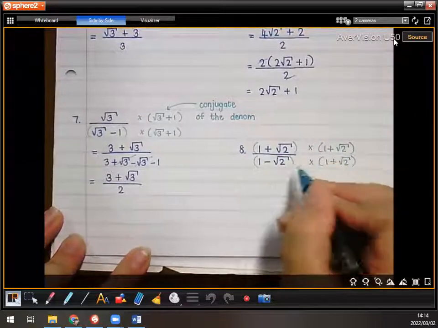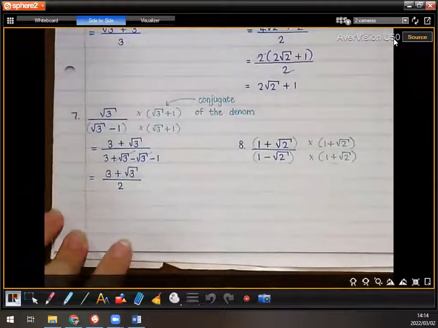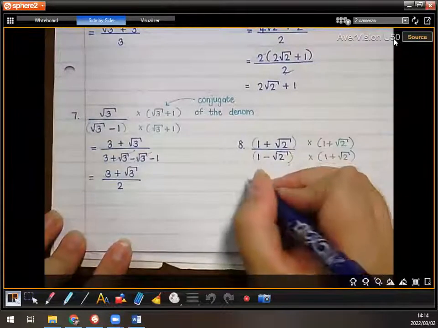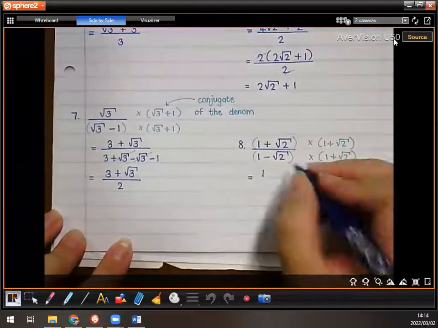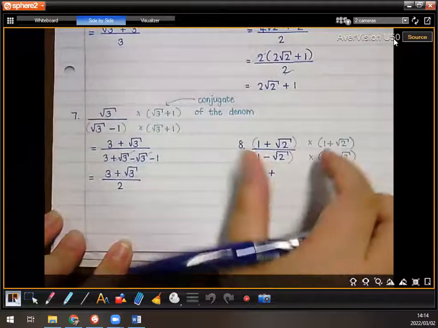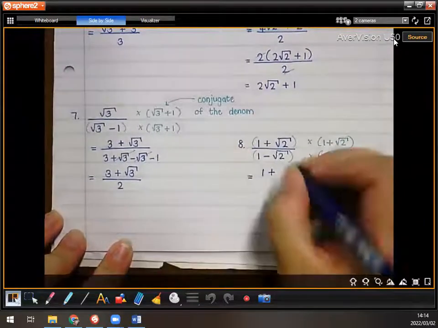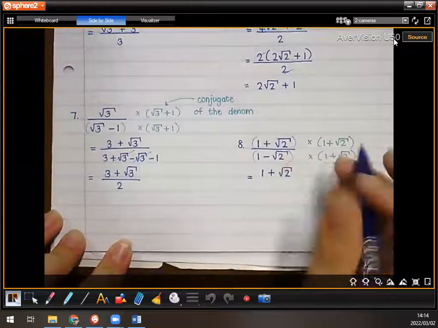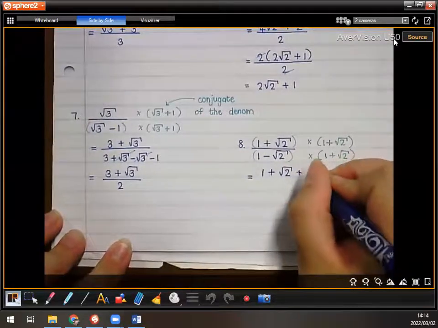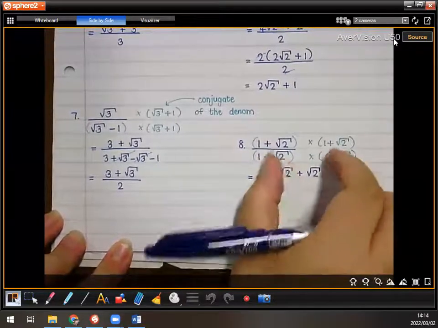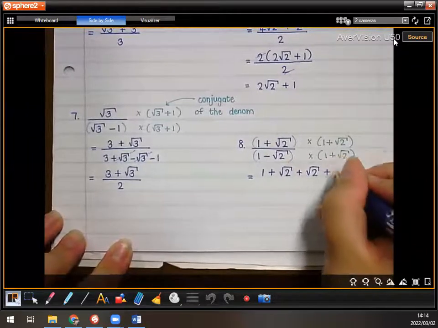And we just put brackets around those terms to remember that we must FOIL these out now. Okay, so we are going to get the following. So 1 times 1, then we do the outers, which is root 2. We do the inners, which is again root 2. And we do the lasts. If I multiply those together, that's 2.